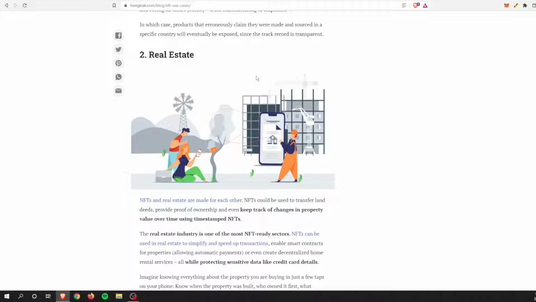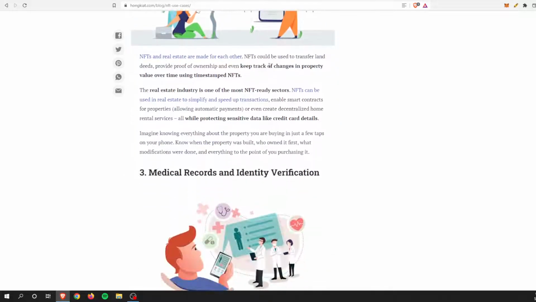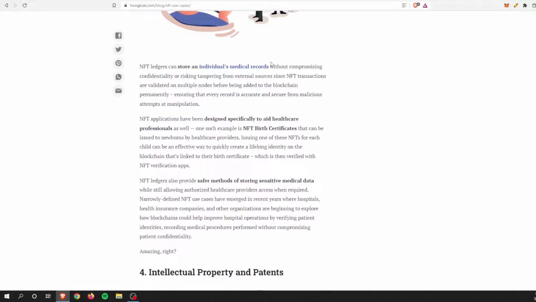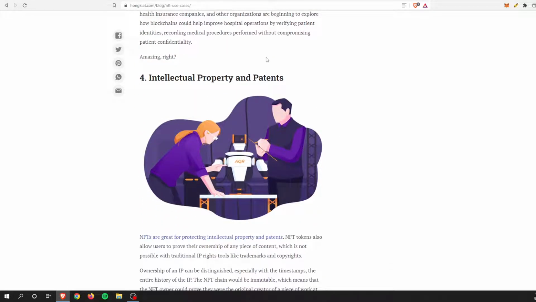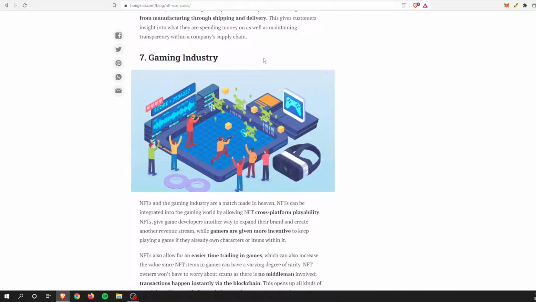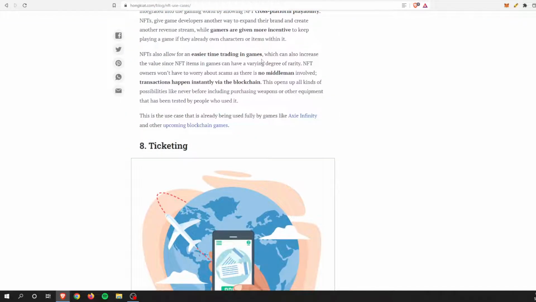All the liens against it would be on the blockchain, so everything would be verified and very digital. That could be something in the future, as well as medical records and identity verification. All of that could be verified on a blockchain that's verified through the NEAR protocol, as well as IP and patents, academic credentials, supply chain, gaming, kind of like that Pokemon example.